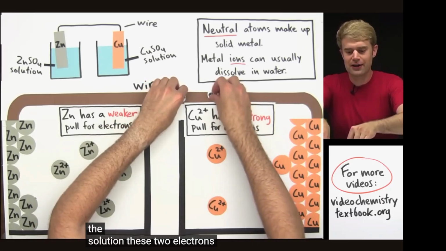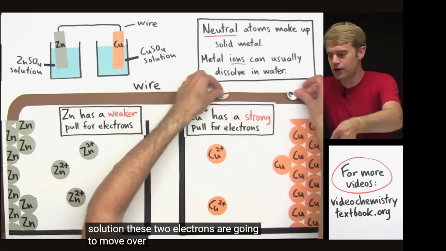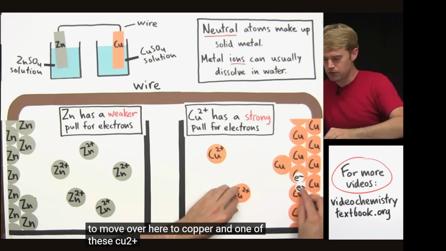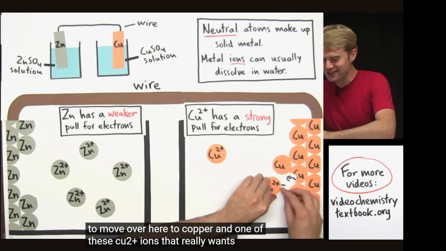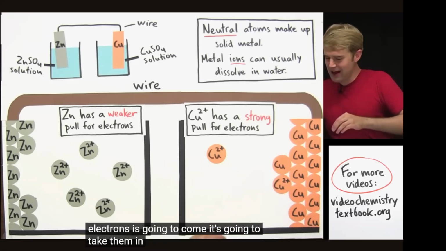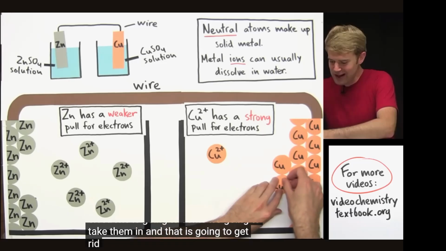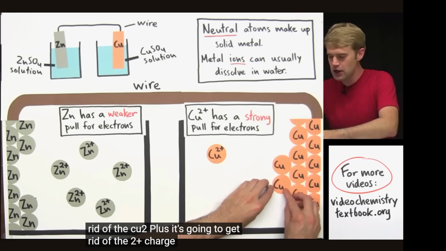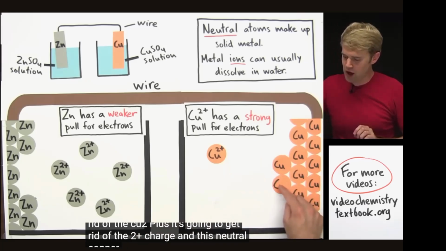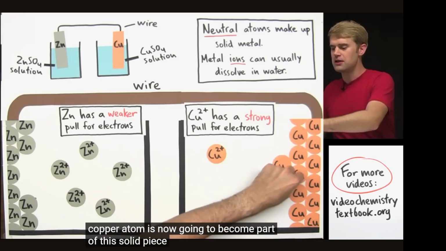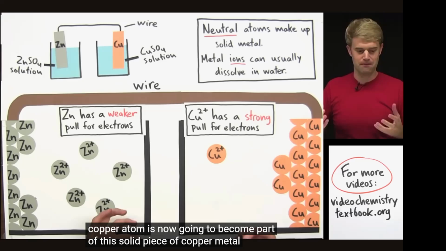These 2 electrons are going to move over here to copper, and one of these Cu2+ ions that really wants electrons is going to come, take them in, and that is going to get rid of the 2+ charge, and this neutral copper atom is now going to become part of this solid piece of copper metal.